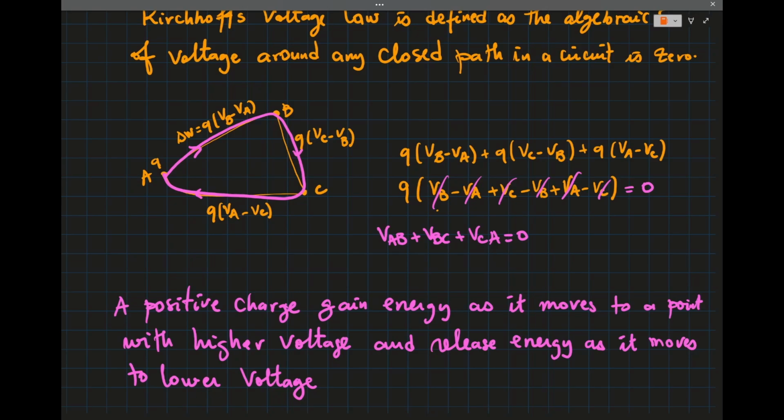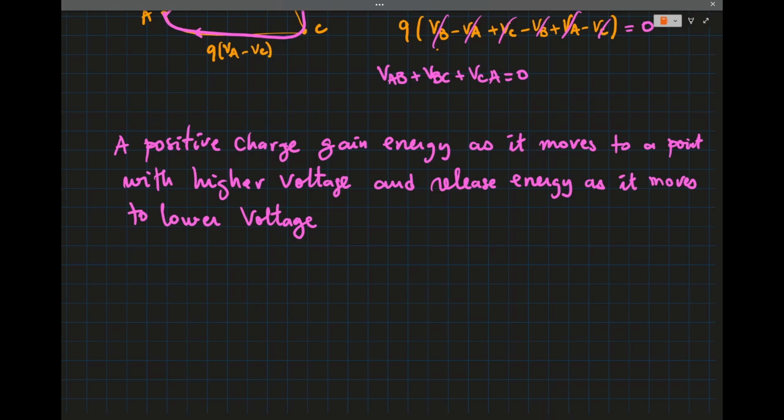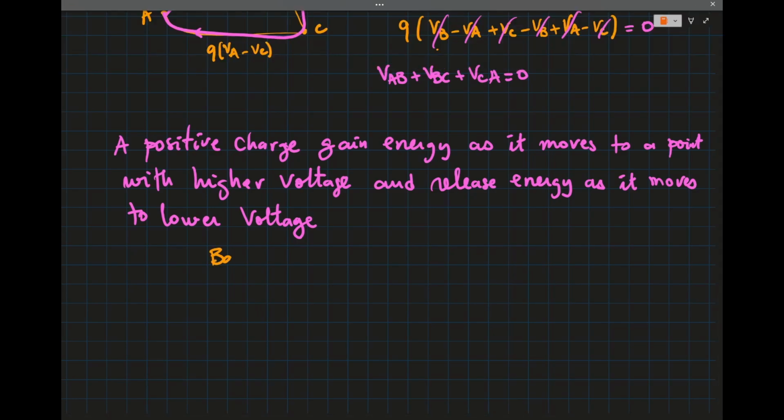Now, let's do an example. So before we do an example, I would like to talk about, we have been using this, but I haven't really talked about them, right? So basic component in a circuit.